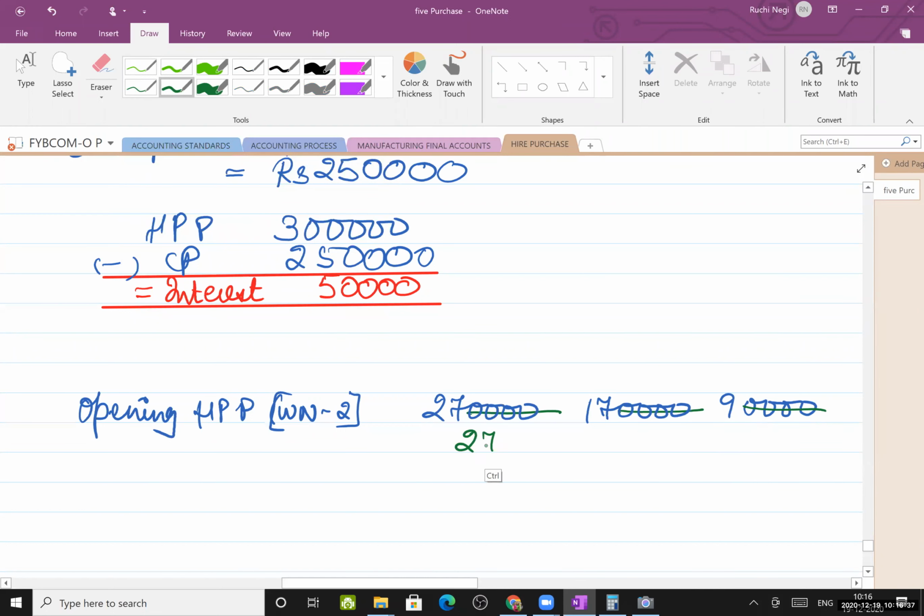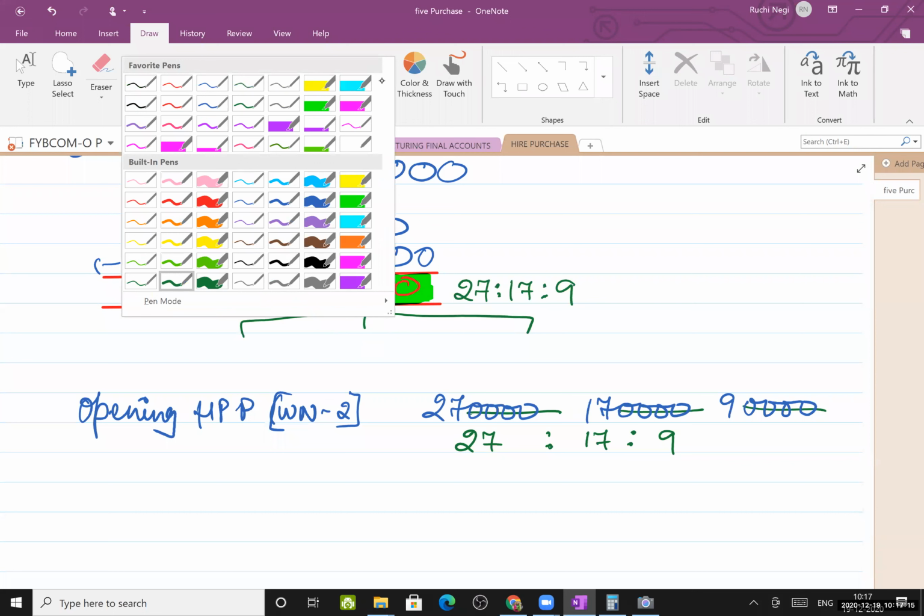So my ratio is 27 is to 17 is to 9. ठीक है, तो ये जो आपका इंटरेस्ट है, ये इस रेशियो में डिवाइड होगा. विच रेशियो? 27 is to 17 is to 9 in this ratio. So divide it in this ratio, you will get your answer.